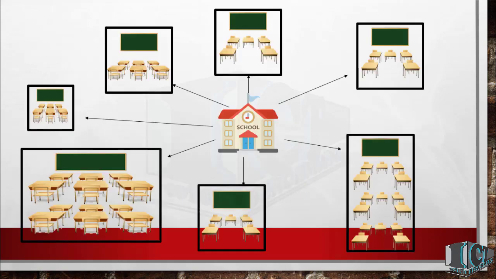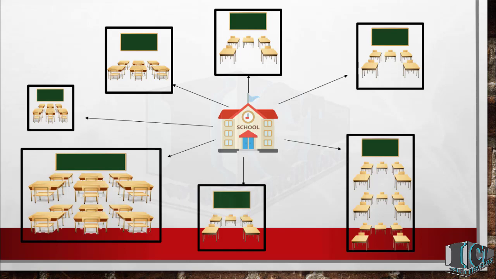Now let's look at the same example that we saw earlier. To give you a reminder, this school represents the class, the classrooms represent the networks that were created in each class, and the students represent the number of hosts in each of these classes.